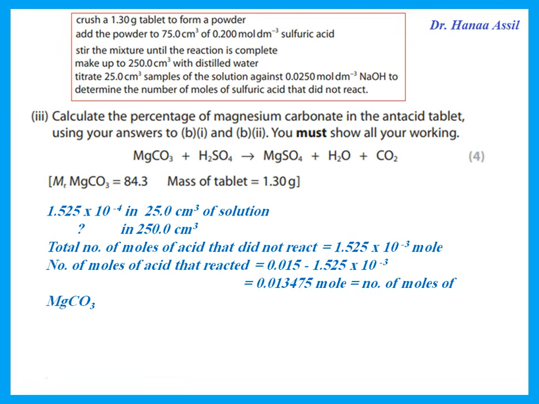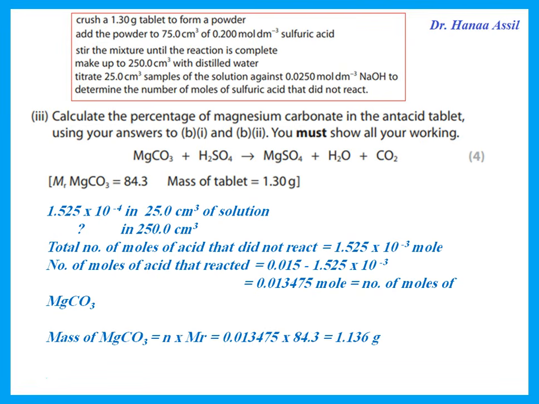Now, the number of moles of acid that reacted would be the difference between this and the original number of moles that we calculated from the 75 centimeter cubed and 0.2 mole per decimeter cubed of acid. Are we following? So this gives the number of moles of magnesium carbonate, because the equation says that the number of moles of magnesium carbonate should be the same as the number of moles of sulfuric acid.